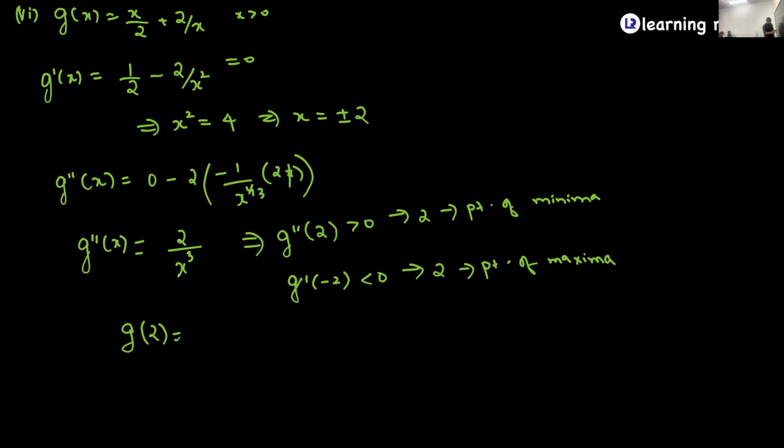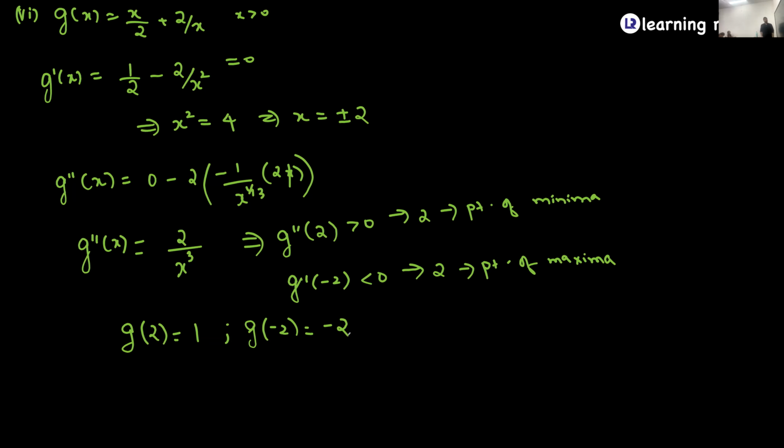So you're going to get g of 2 as 1. What is g of minus 2? When you substitute minus 2 here, it will be minus 1, minus 1. So the answer will be minus 2, right?